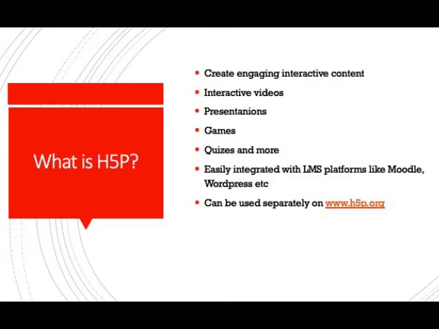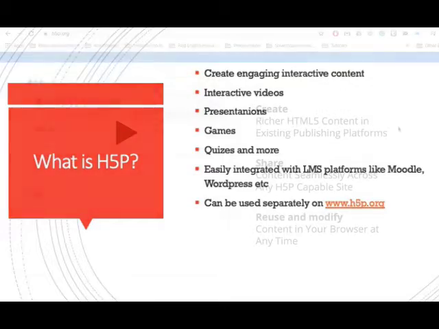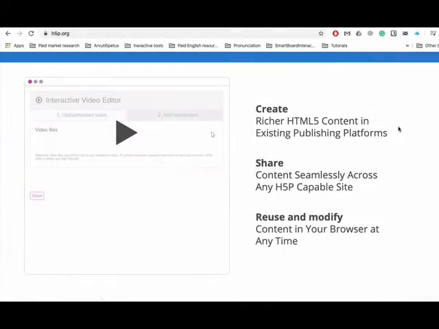With H5P, you can easily create richer HTML5 content in existing publishing platforms like Moodle or WordPress, or you can use the h5p.org website and create your interactive content on that website, and you can easily embed your interactive content into your learning management systems later.